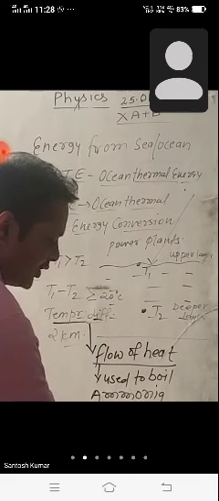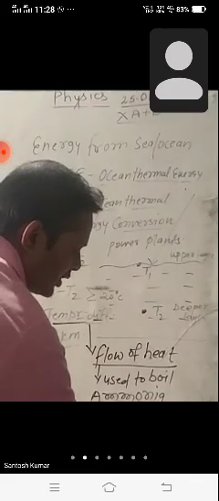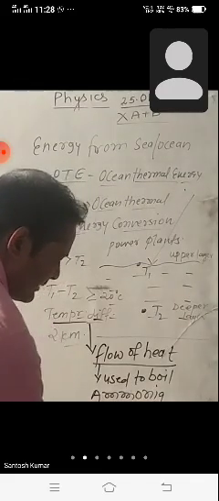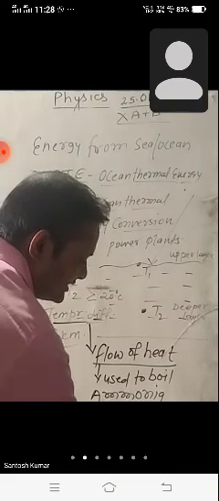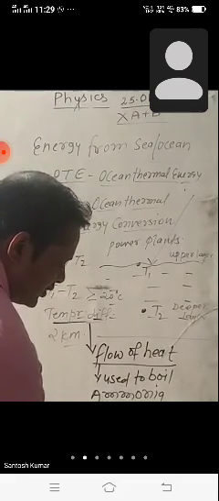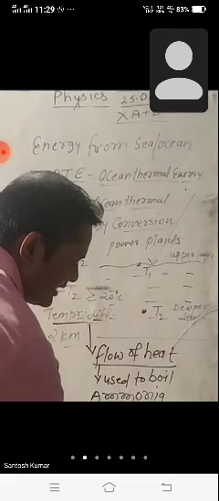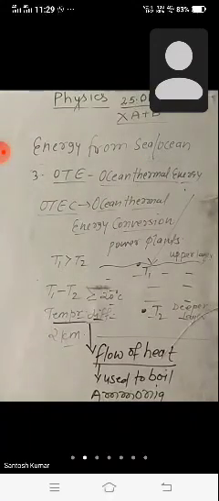And further, this steam is used to rotate the turbine of the generator, and when the generator rotates, it produces electricity. Just see, this is the way to harness it.